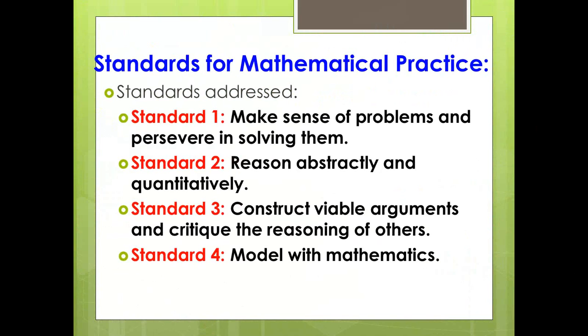Standard 4 is model with mathematics. And then standard 6 is attend to precision. As I stated with standard 1, standard 6 is another one of those standards that we should demonstrate as teachers in every lesson that we provide to our students.